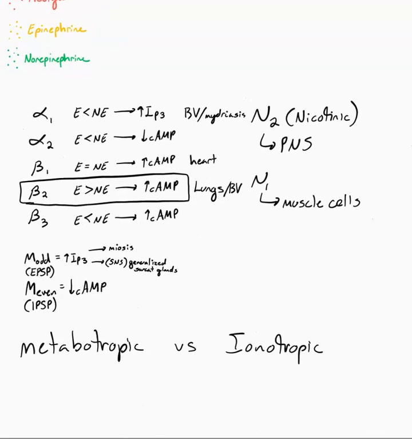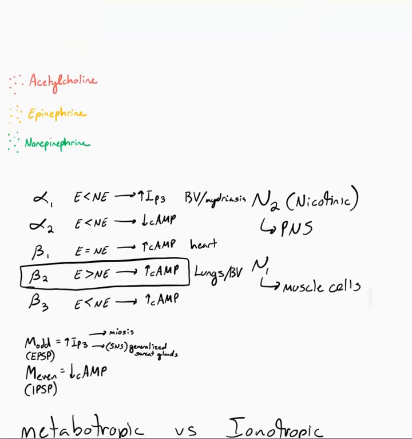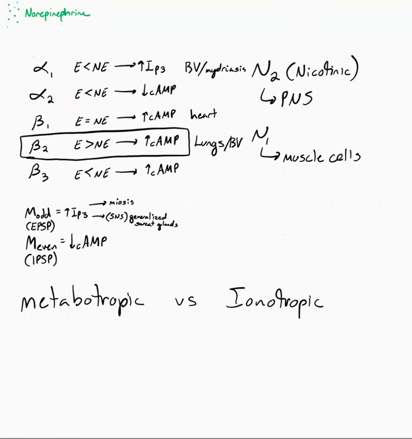And so a general rule is that for both adrenergic receptors and muscarinic receptors, the odd receptors are excitatory and the even receptors are inhibitory. And there's only one exception, that's beta 2 receptors, which increase the production of cAMP, and that is the one exception to that rule from what we have covered.